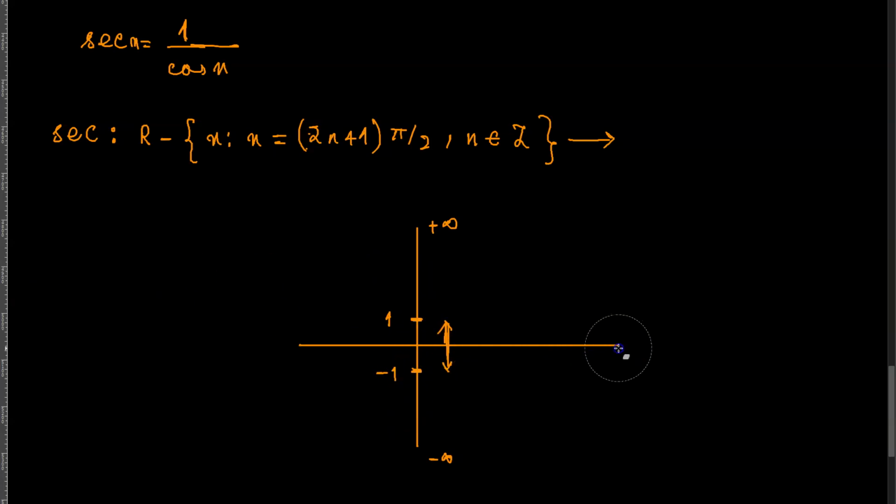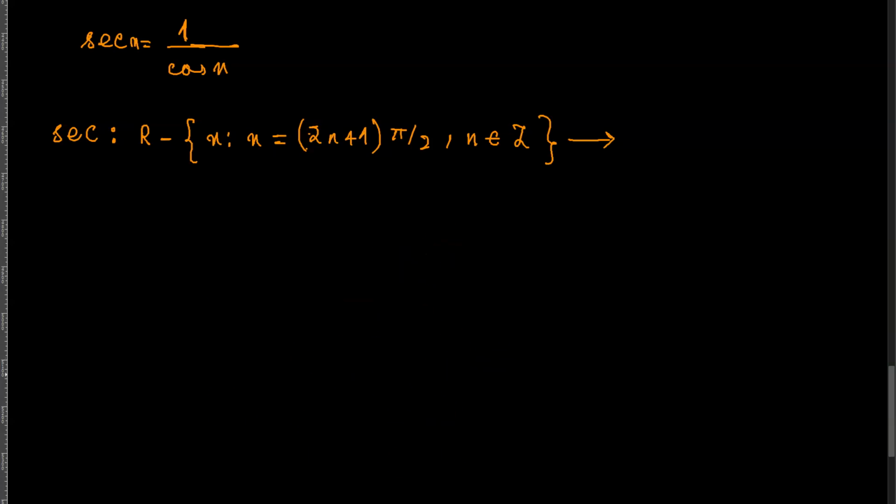So what that means is that I have to write the range as R minus this interval of negative 1 to 1, and of course it's an open interval because it doesn't include negative 1 and 1. So that is the secant function.